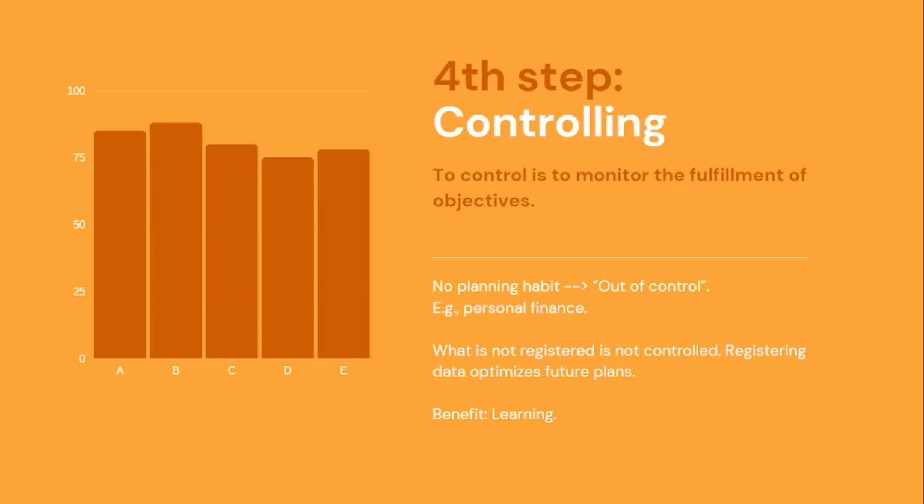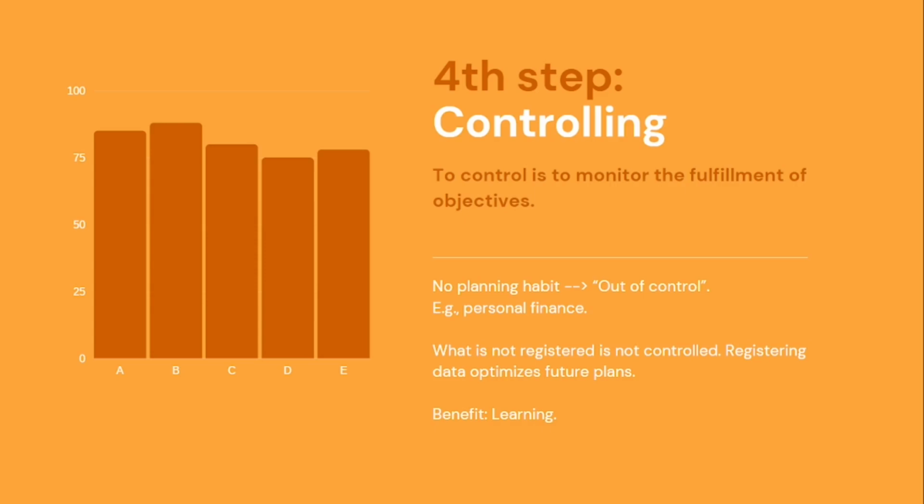And another very important point in this fourth step is to register data. You have to have the habit of registering data. If you register data, you will have at least the notion of how things are being done. And if you have the notion of how things are being done, you're going to be able to compare to what you planned before.